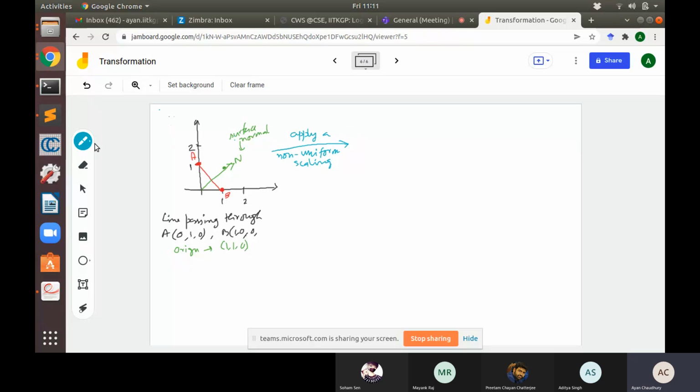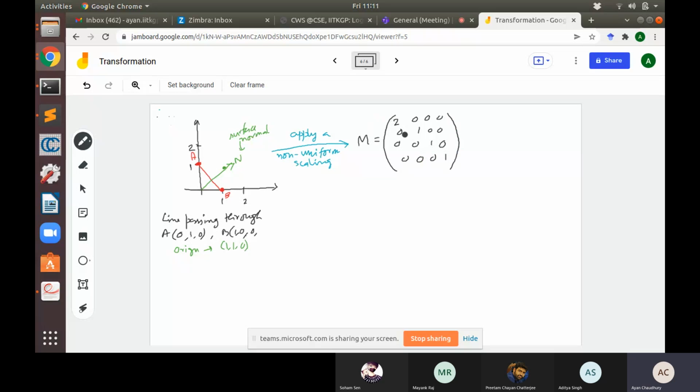Let the matrix M be the transformation matrix. Let's take a scaling in the x direction by an amount of 2, and the rest are 0, 1, from the same scaling matrix that I defined before: 0, 0, 1, 0, 0, 0, 0, 1.